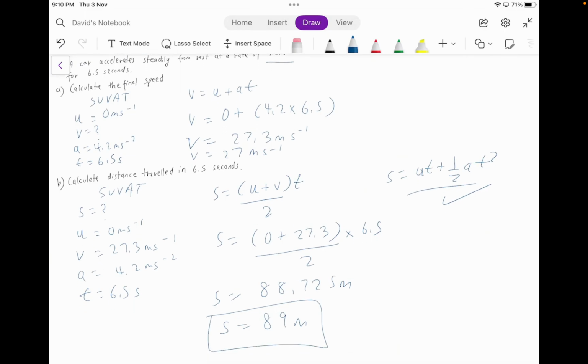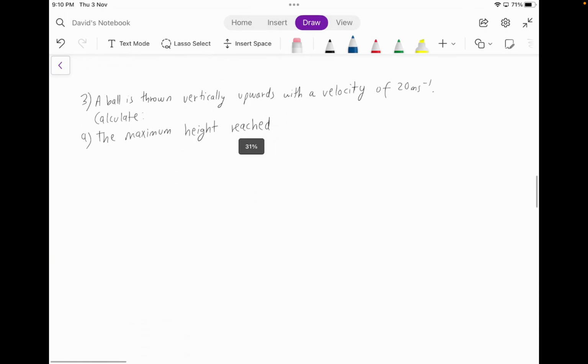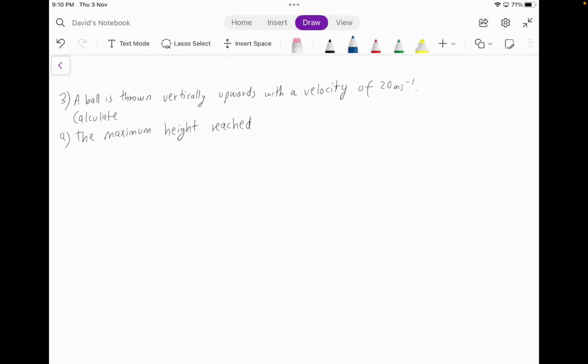Now let's move on to the final and last question, which is question 3. A ball is thrown vertically upwards with a velocity of about 20 meters per second, and we have to calculate the maximum height that is reached. We can always take the upward direction as positive.